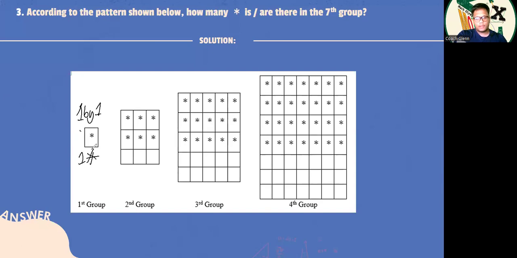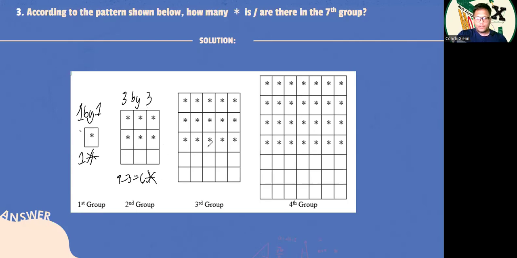On the second figure, we have a 3 by 3 rectangle, and one line is not filled with asterisks. So that becomes 9 minus 3, which is equal to 6.